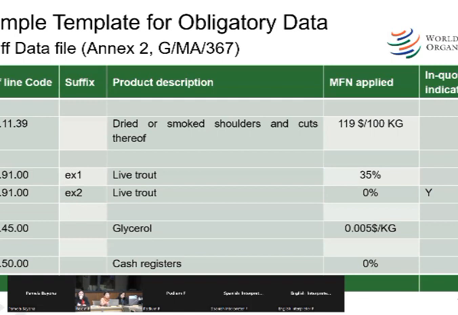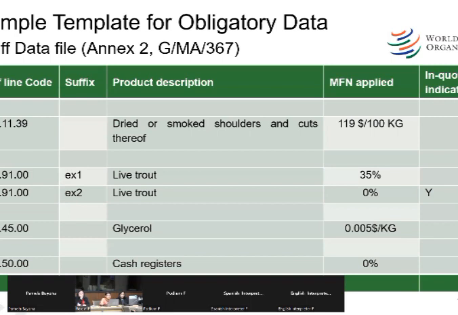And then in this case, we only have the MFN rates. So the rate could be like in this example, $119 per 100 kilogram, which is a specific duty. And then the others are ad valorem.